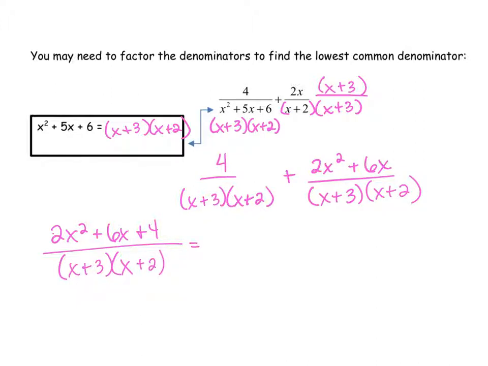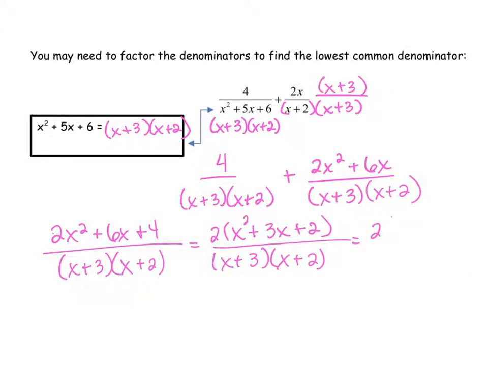I'm going to factor out a greatest common factor of 2 again on the top, so I've got 2 times x squared plus 3x plus 2. That one does factor, and that factors to, I'm going to keep that 2 out there, x plus 1 times x plus 2, almost done, over x plus 3 times x plus 2.